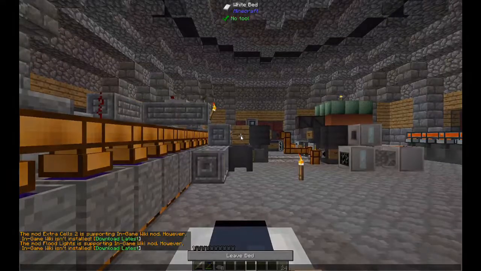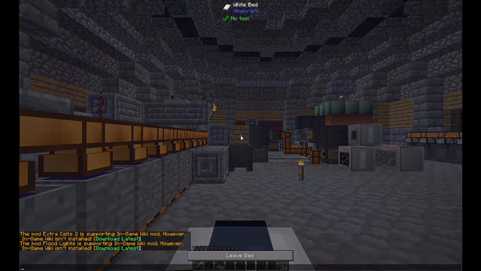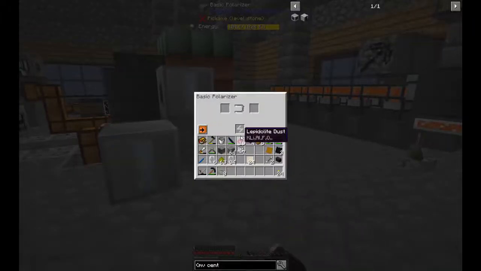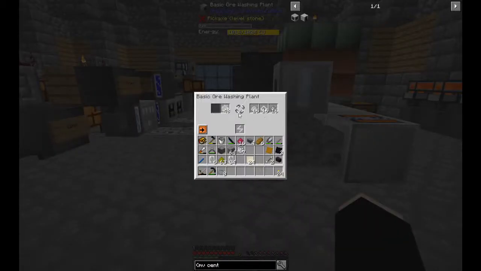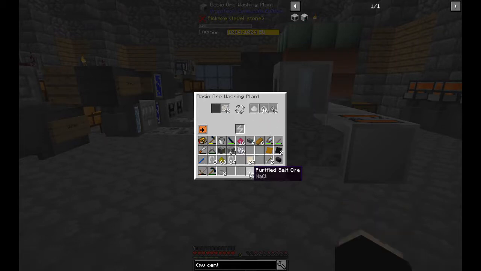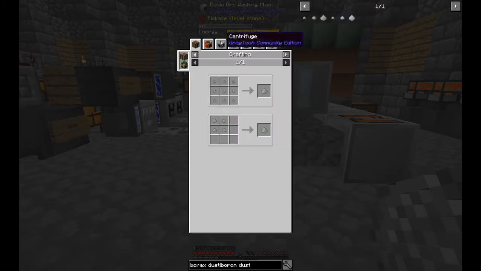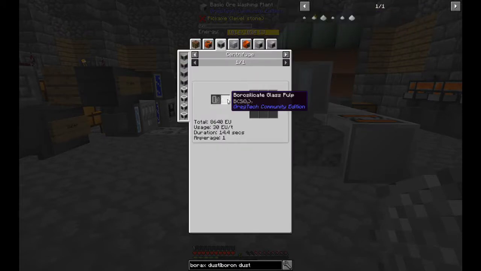And let's sleep. It's done some. Let's see, 16 purified salt ore. Hang on, because that's what we needed for boron dust.